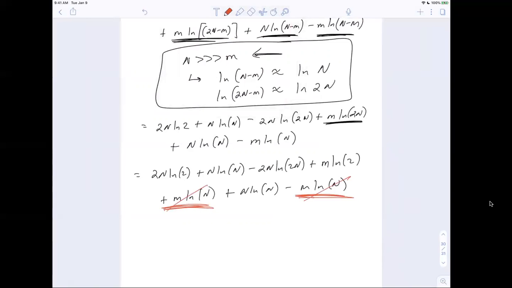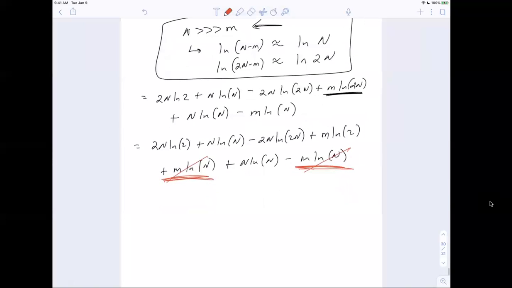Anything else? Actually, wait, wouldn't you also be able to do the same thing you did there with the minus 2n log of 2n? Okay, if you want to do that, sure.